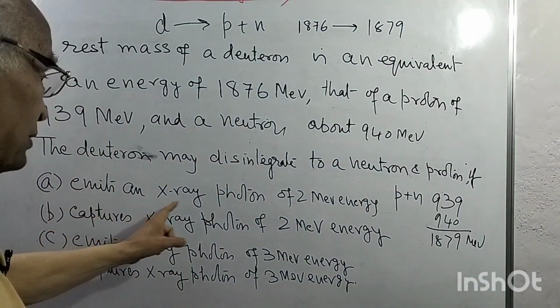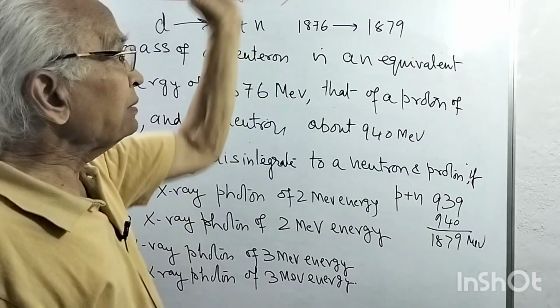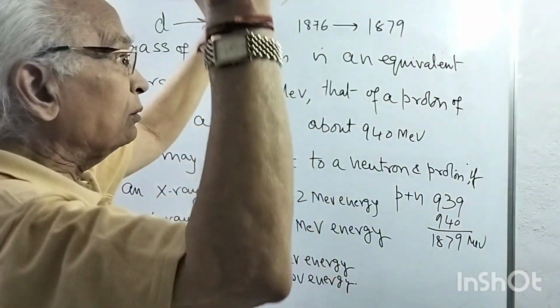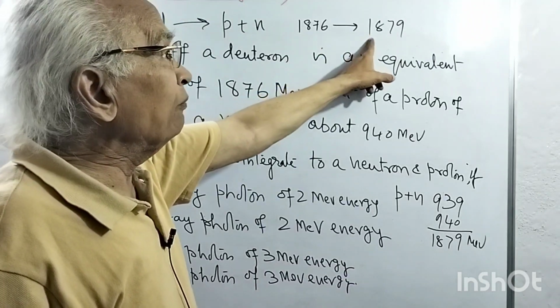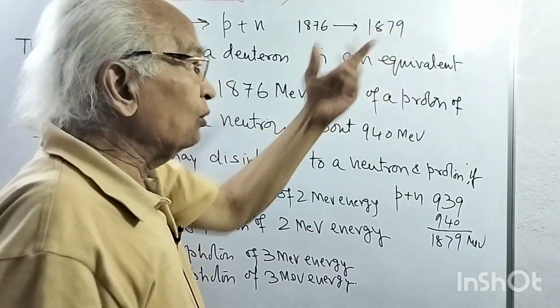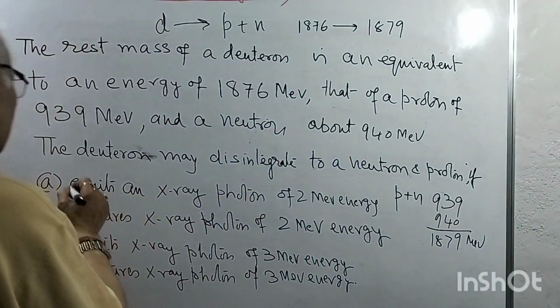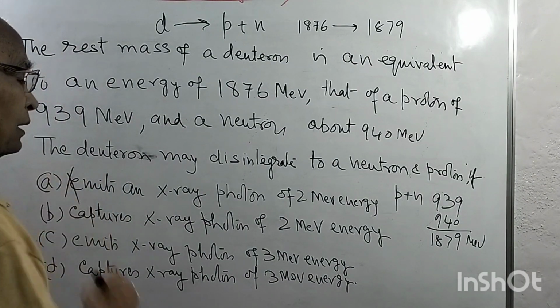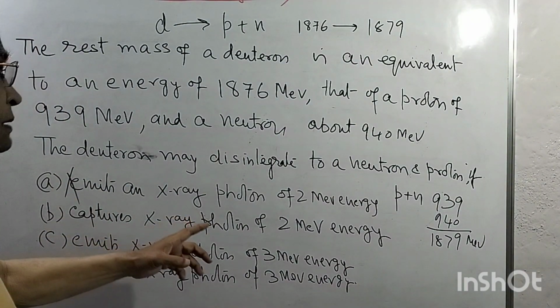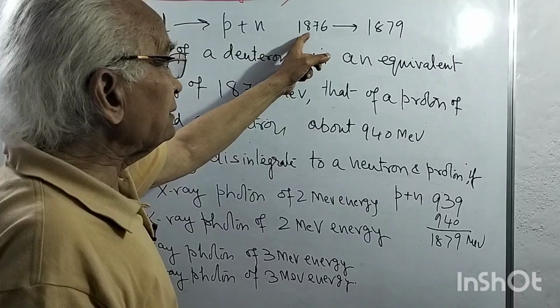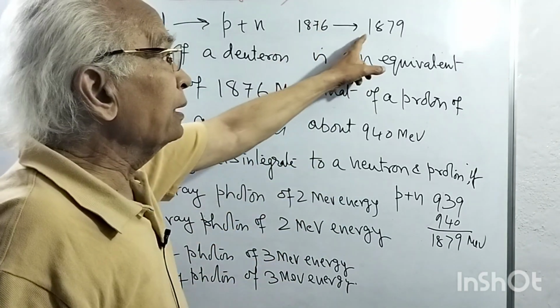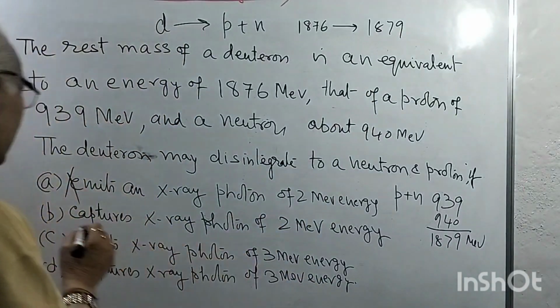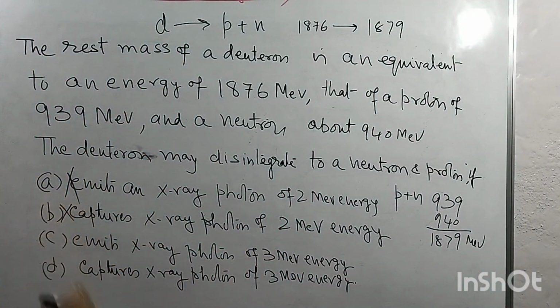If deuteron emits an X-ray, meaning the X-ray goes out with 2 MeV, then it should be only 1874. It is not correct. So this is obviously not correct. If it captures 2 MeV, it becomes 1878. But it is 1879. So obviously this is also not correct.